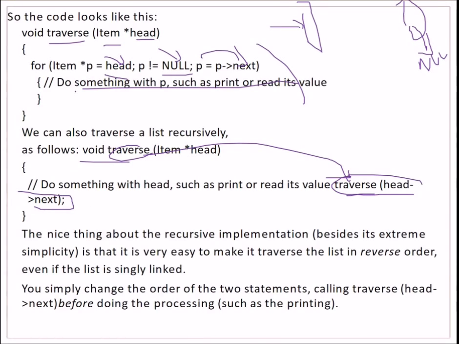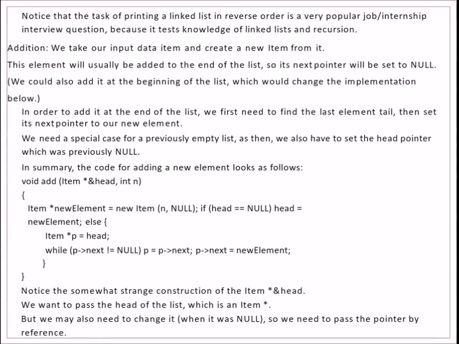The good thing about the recursive implementation, as it is simple also, is that it is very easy to make it traverse the list in reverse order, even if the list is singly linked. So with recursion, you can easily traverse in reverse order, and you can simply change the order of the statements, that is, calling traverse before doing the processing, that is printing, etc. But we'll be seeing it more.